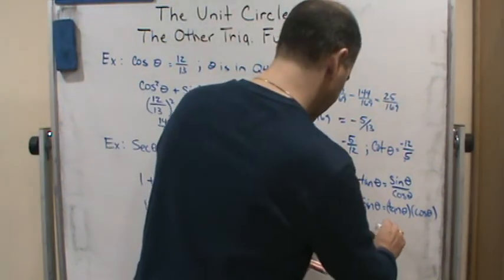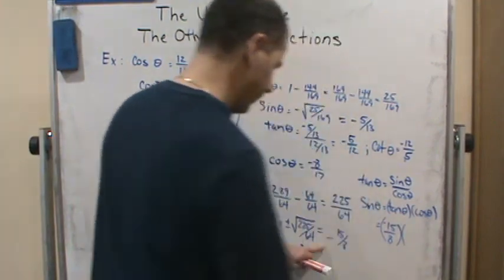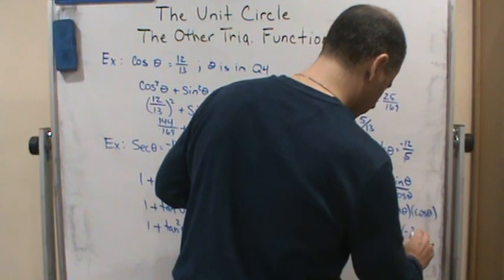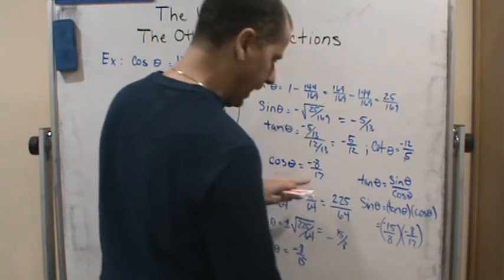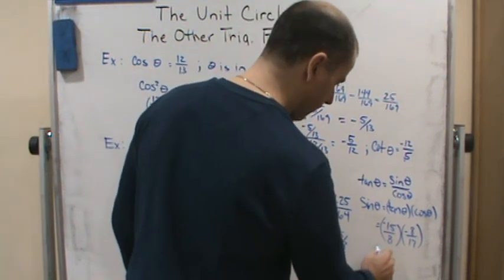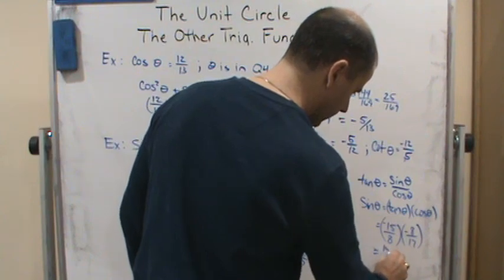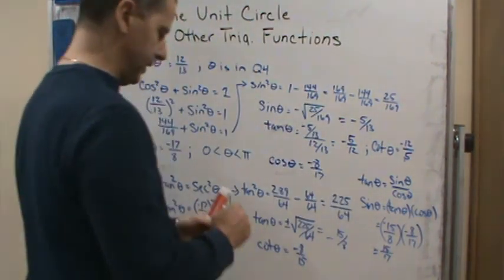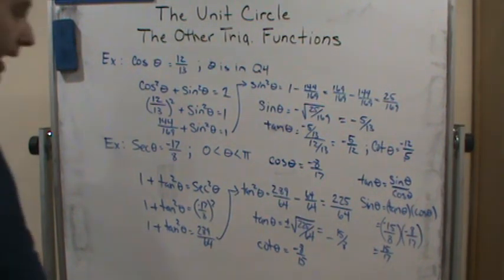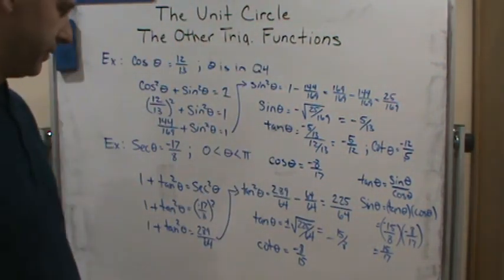That's going to be negative 15/8. Right? And cosine theta is negative 8/17. And so the eighths cancel, and I get what? Ooh, it's a negative times a negative, so this is going to be positive. So this is going to give me positive 15/17. Okay? And then I can get cosecant, which is the reciprocal of this, which would be 17/15.